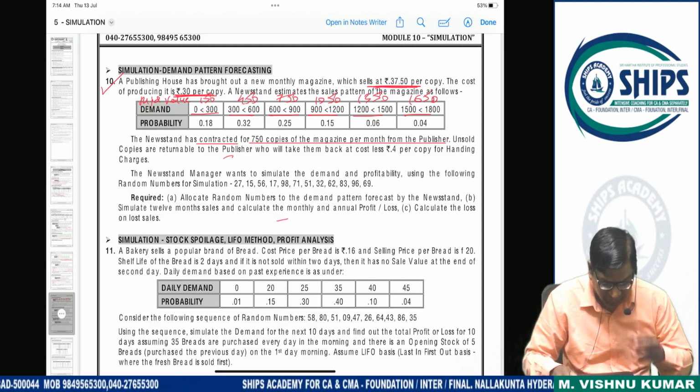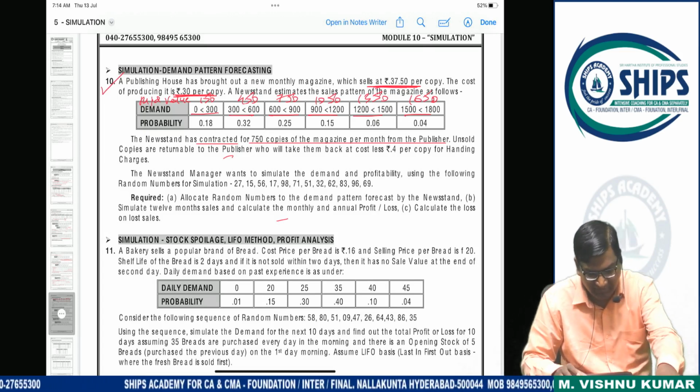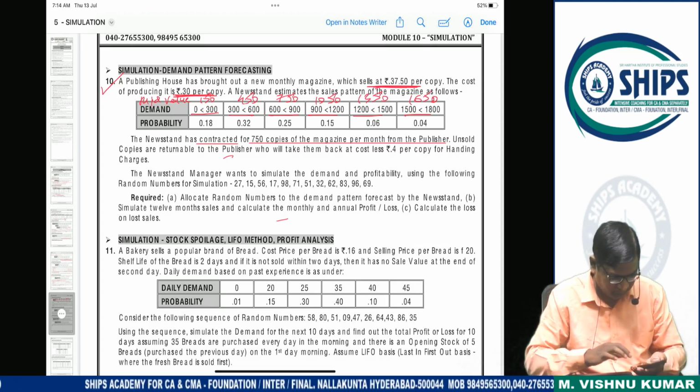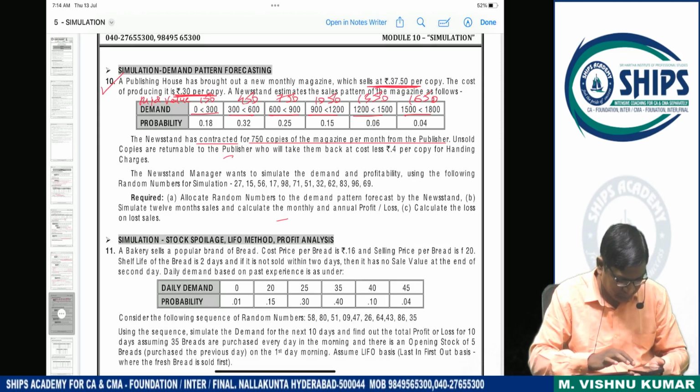Okay, previous class question number 10 given in the homework now. Completed? Okay, so what is the final answer? Just 1 minute.